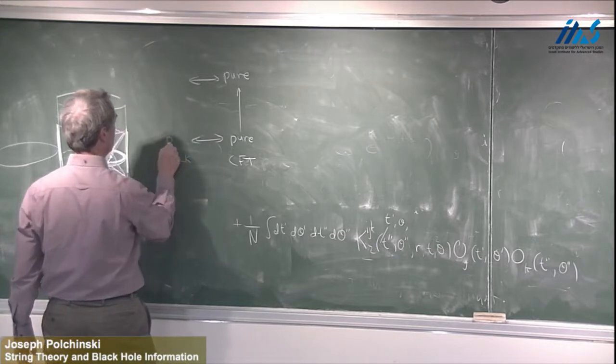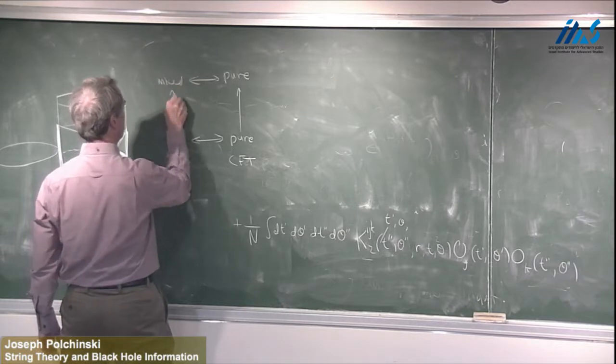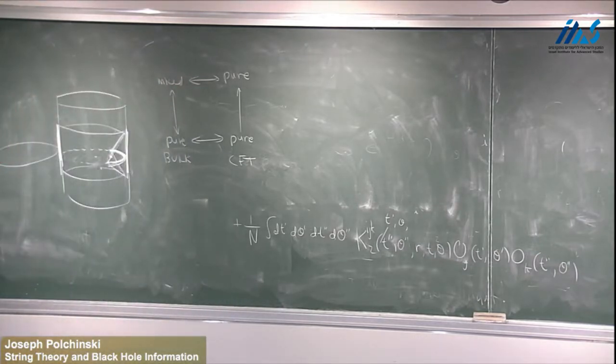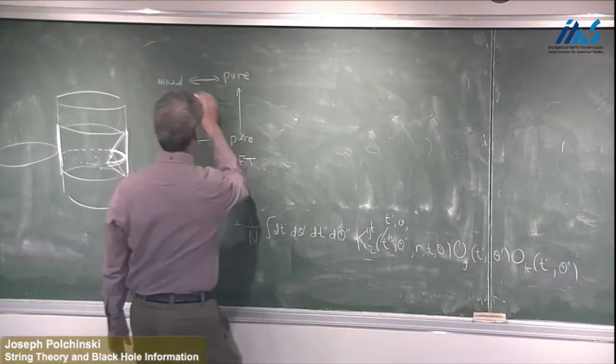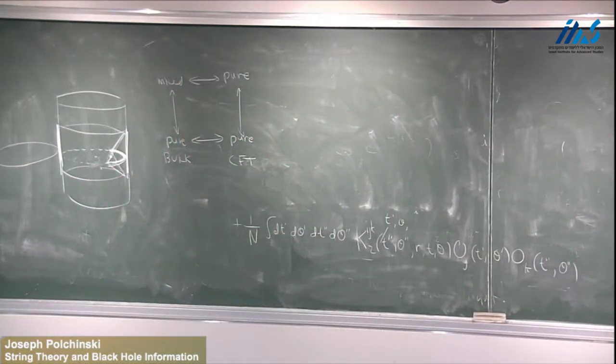But when we do the calculation in the bulk, we evolve from pure to mixed, and so one of the arrows has a problem. Again, the presumption is that there's something about bulk gravity that we haven't understood, and so when you have two calculations that don't agree, you try to break them each into smaller steps. That's what we're going to do in the rest of my lectures. So my next topic is black hole complementarity.